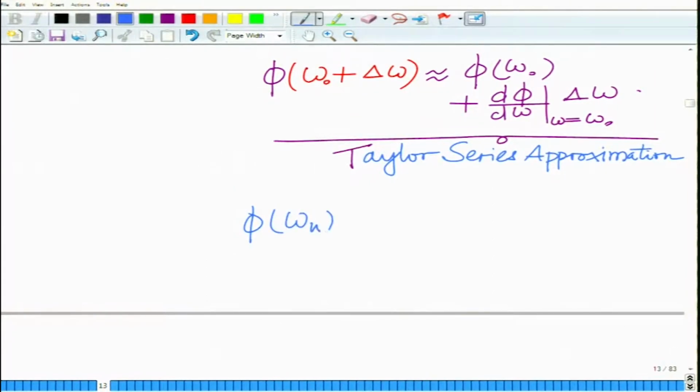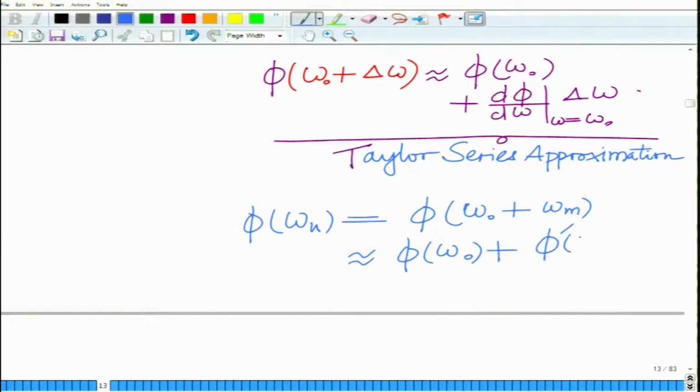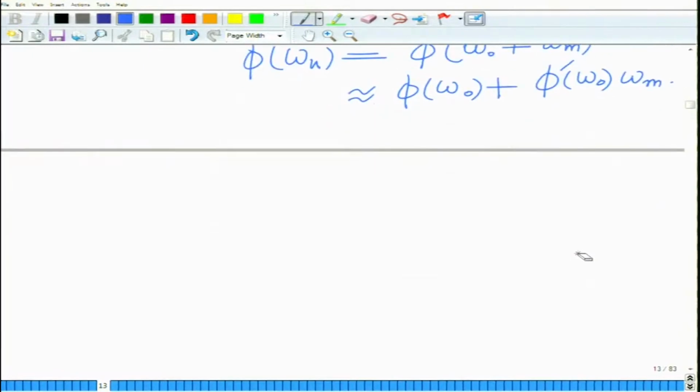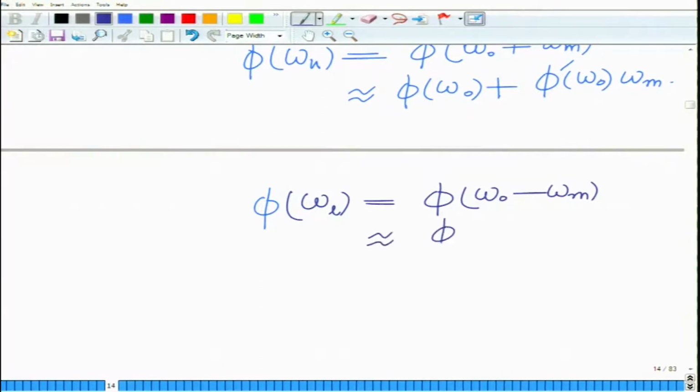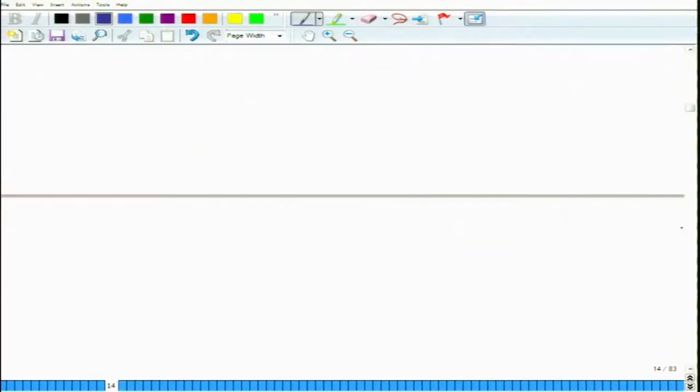Phi of omega_H is phi of omega_0 plus omega_m, which is approximately equal to phi of omega_0 plus the derivative phi prime of omega_0 times omega_m. And phi of omega_L is equal to phi of omega_0 minus omega_m, which is approximately equal to phi of omega_0 minus phi prime of omega_0 times omega_m.